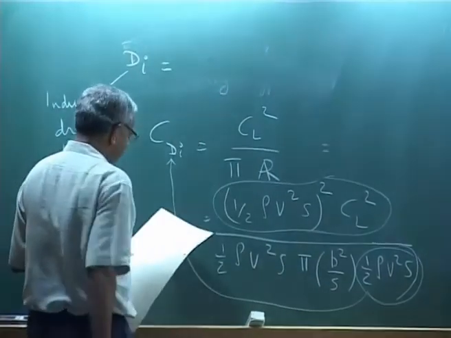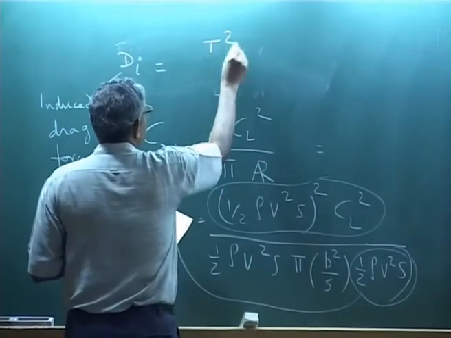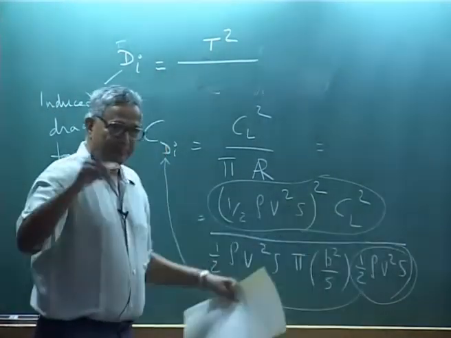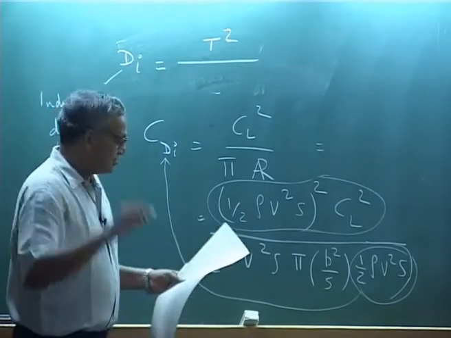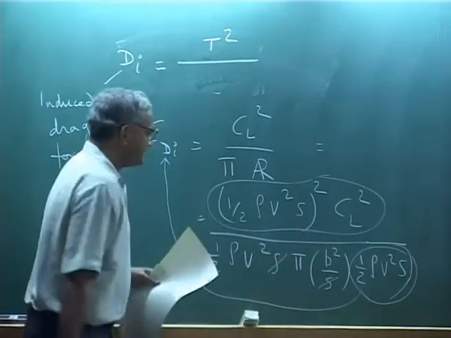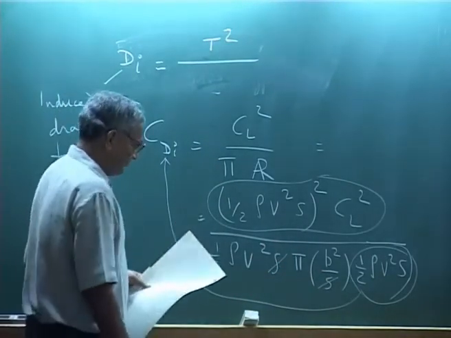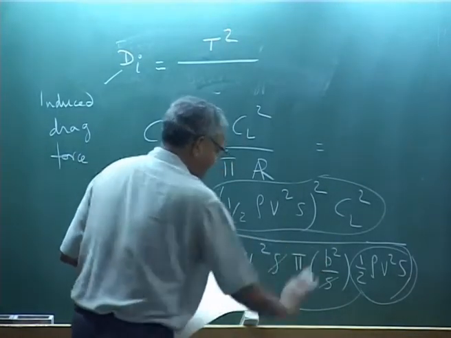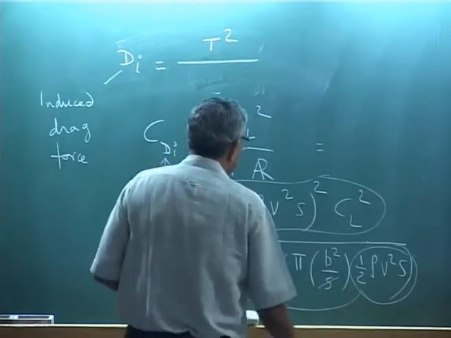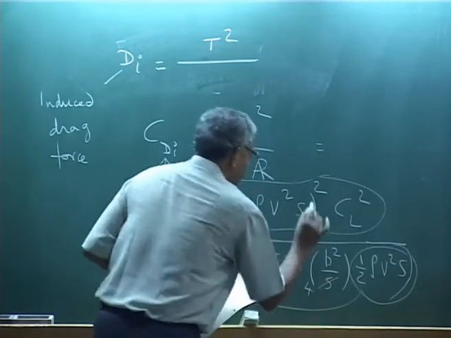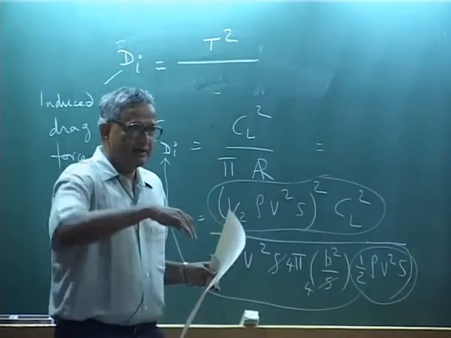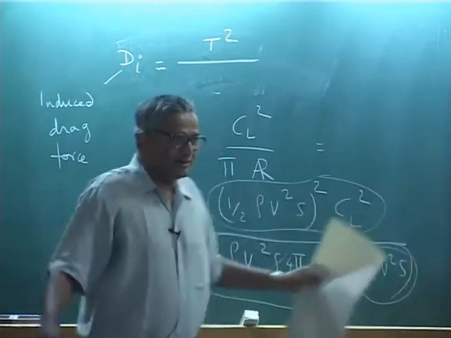This is nothing but, using the helicopter terminology, thrust, because area into CL is thrust T squared, and in the denominator it is going to have half rho, this S will cancel out with this S, and you will have pi b square. b is the span, that is 2r, so you divide by 4 and multiply by 4. Pi b square over 4 is the area of the disc.